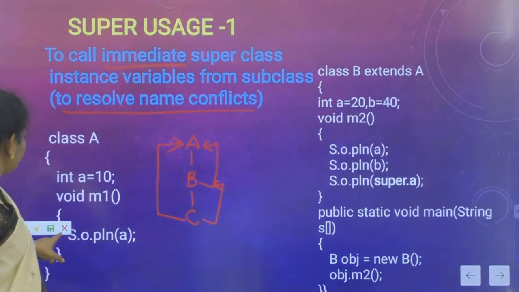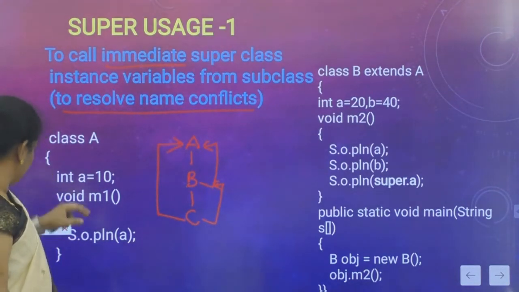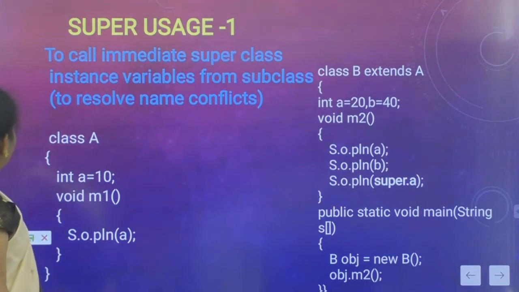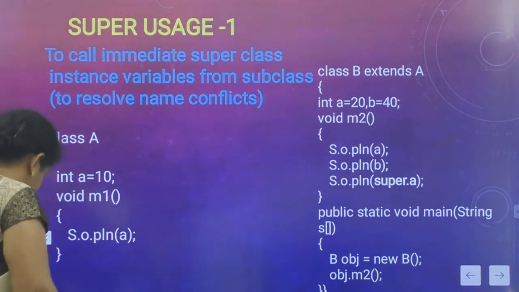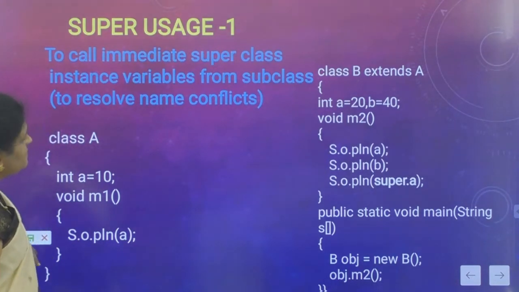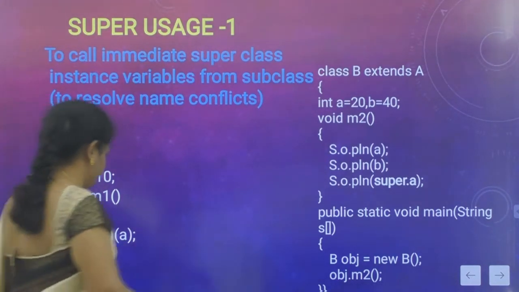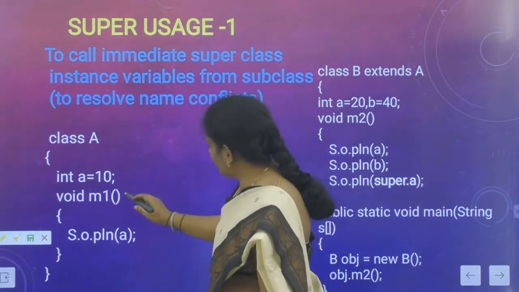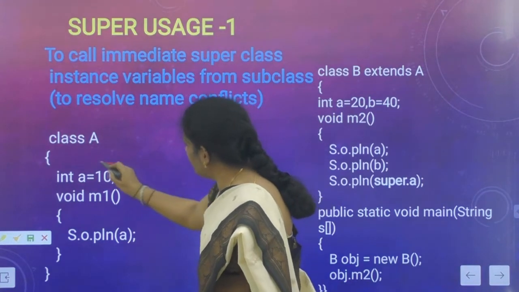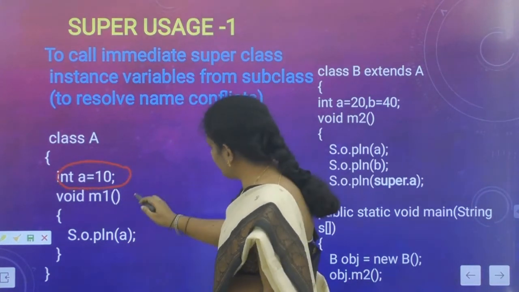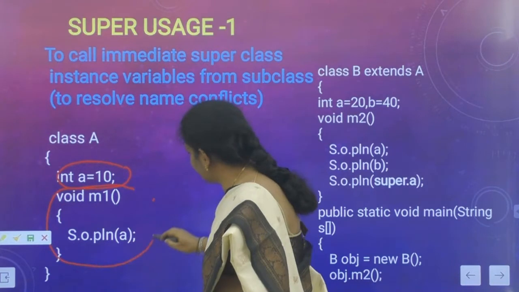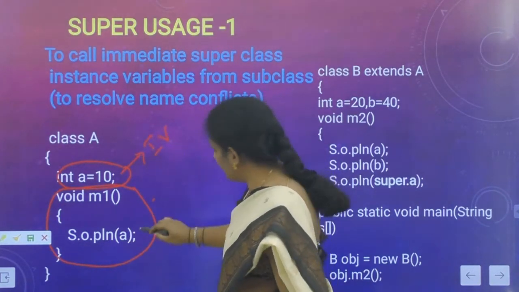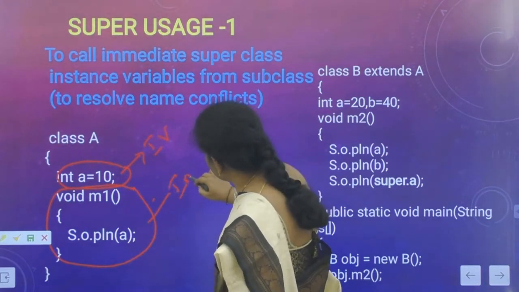See here, students. I have taken a class A. In class A, what members am I having? This is int A equals 10, an instance variable, and one more is an instance method.